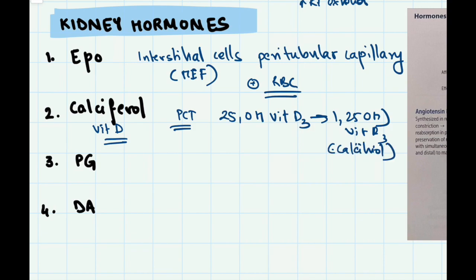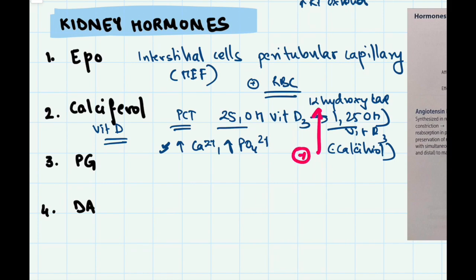Vitamin D is responsible for increasing both the calcium and phosphate absorption, in contrast to the parathyroid hormone, which causes increase in calcium absorption while increase in phosphate excretion. Also another important point to note is that the conversion of 25 hydroxy to 1,25 hydroxy D3 is by 1 alpha hydroxylase, right, and 1 alpha hydroxylase is stimulated by parathyroid hormone. So basically parathyroid hormone is responsible for the activation of vitamin D3.